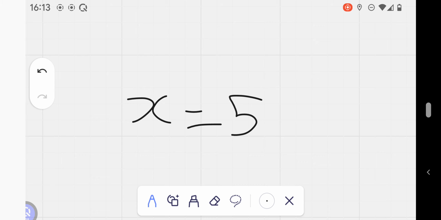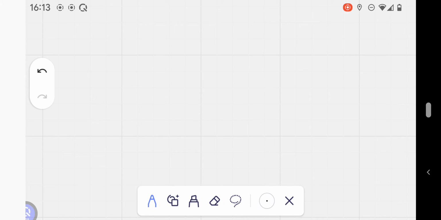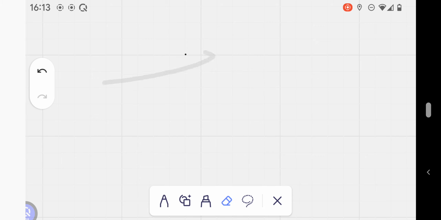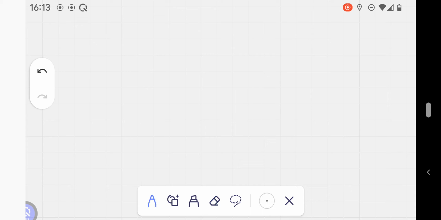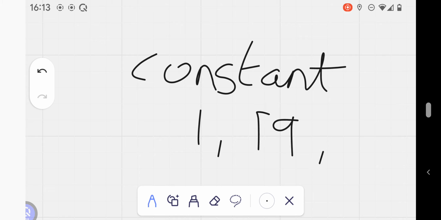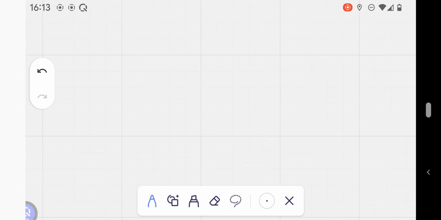Equations seem complex, but there are two things you need to know to make your life a whole lot easier. One is the variable, which can be anything. It can be x, y, z, or I. And the second thing is a constant, which can be 1, 19, 20, or 116.